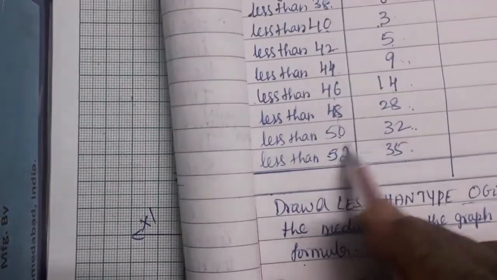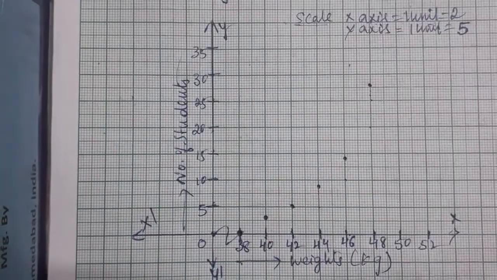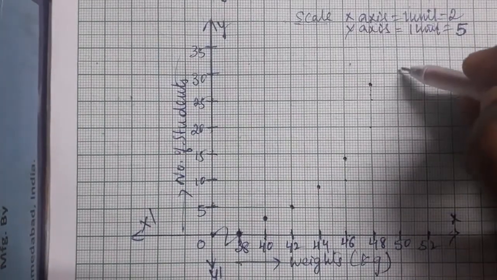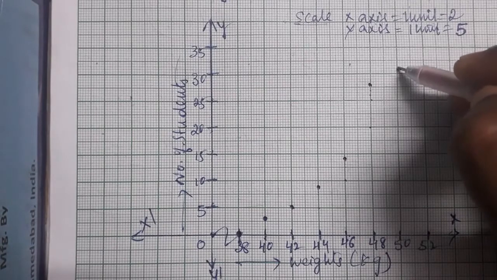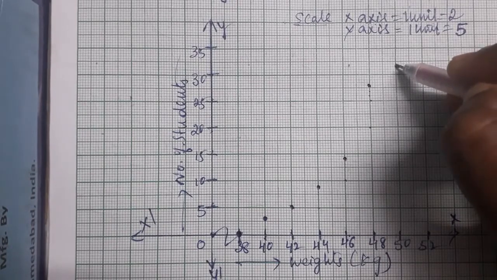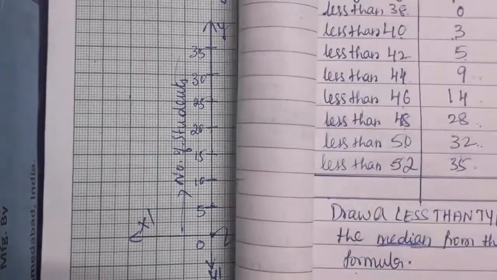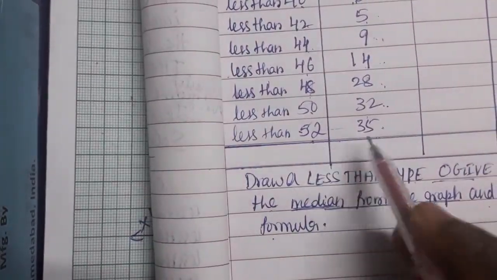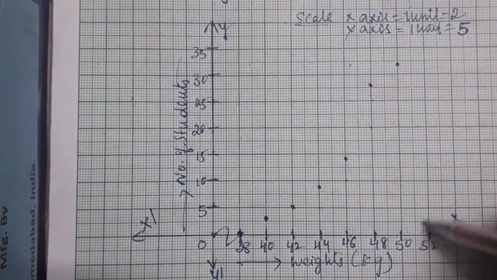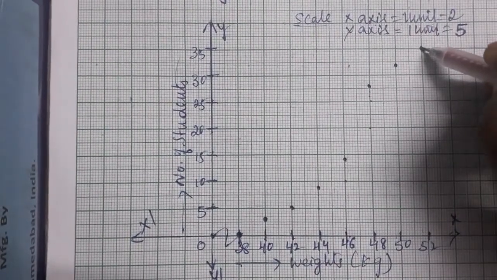Next, for 50 it is 32. 50 is here, 30 is here. 32 means the 4th box you have to mark, as 2 boxes are considered 1 unit. Now for 52 it is 35. For 52, 35 is here exactly.